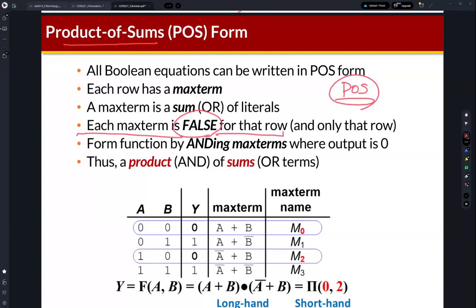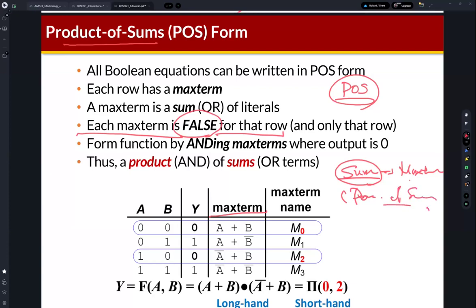So firstly, we need to define the max term, because this is the sum. Firstly, we can define the sum. So this is the max term. Then these sums are multiplied with each other. Okay, so this is the product of sums.